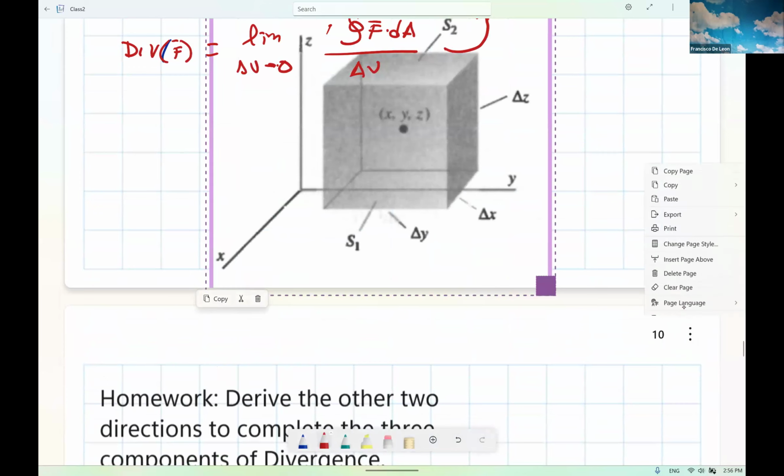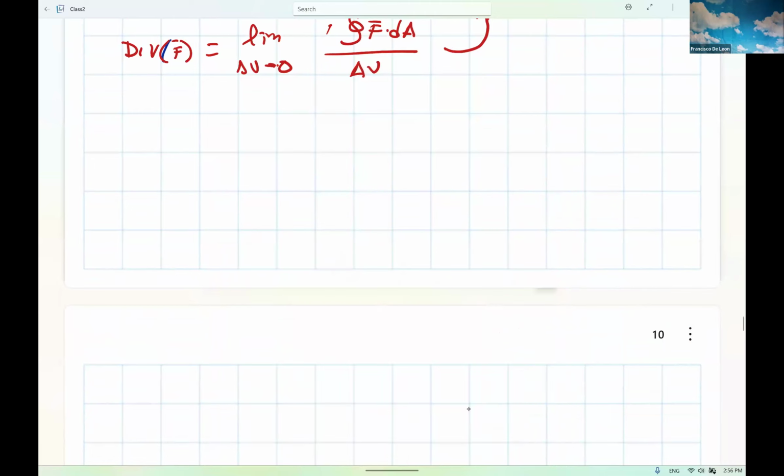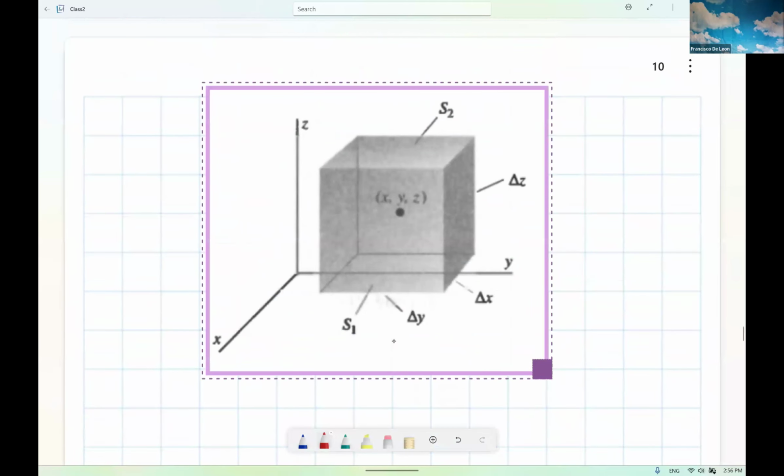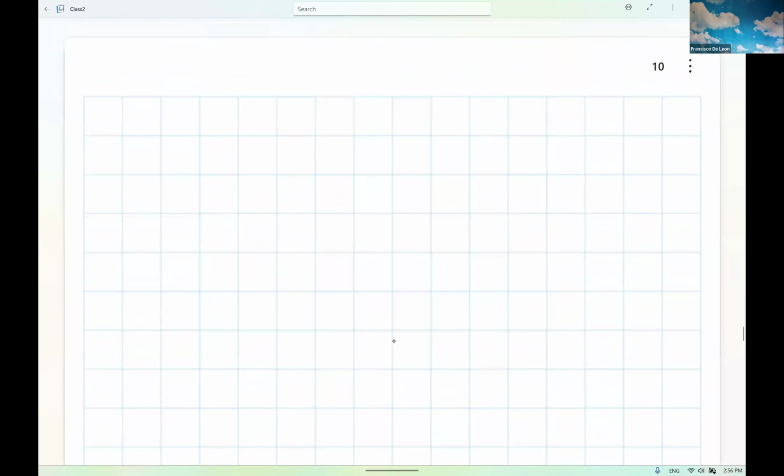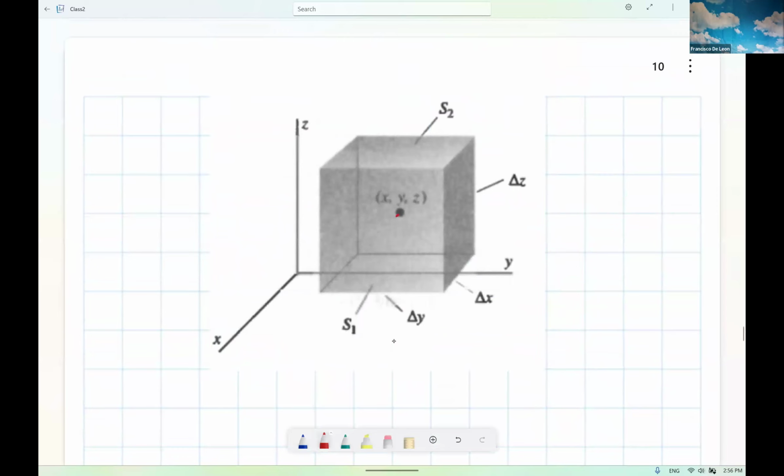Yeah, it doesn't work. Let me see. Insert page above. All right.